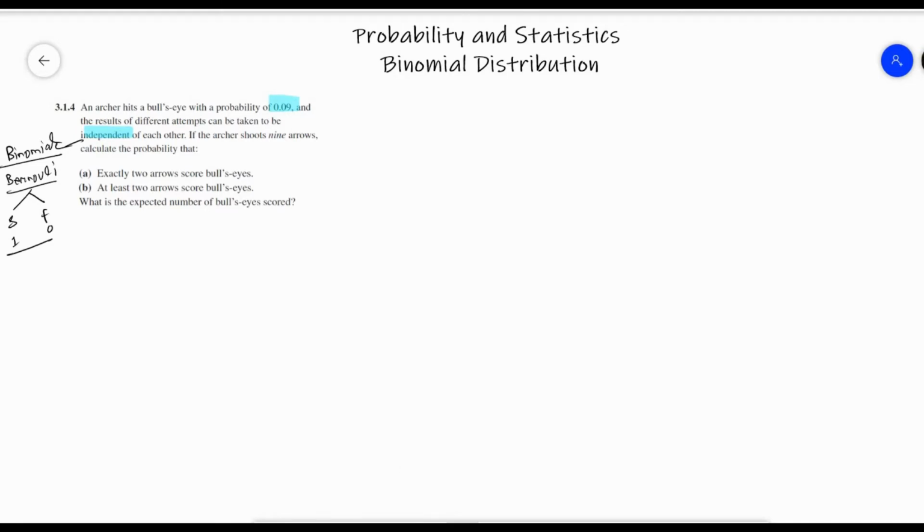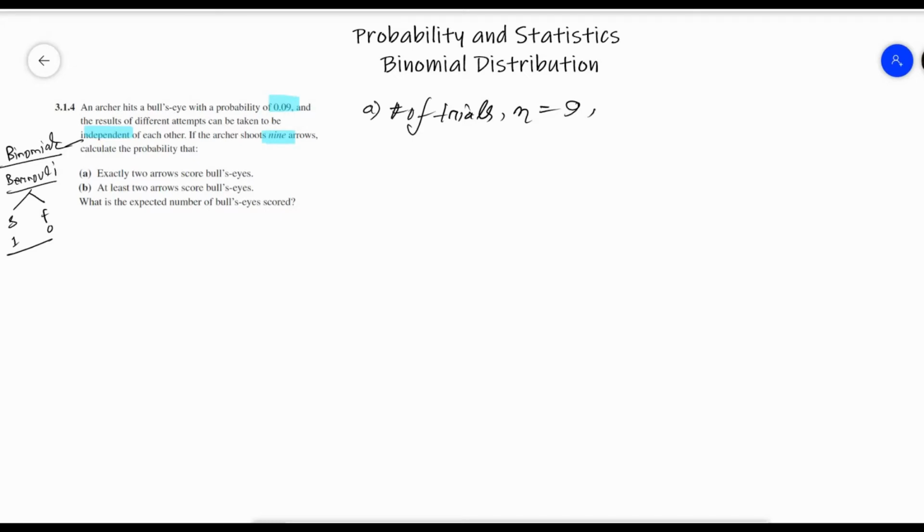So let's get to the next part. It says that the archer totally takes 9 shoots. So we have to determine the following two probabilities. Now at first we shall note down the points that are stated. So we can see that the number of trials denoted by n is equals to total 9, and we have the probability of hitting bullseye.